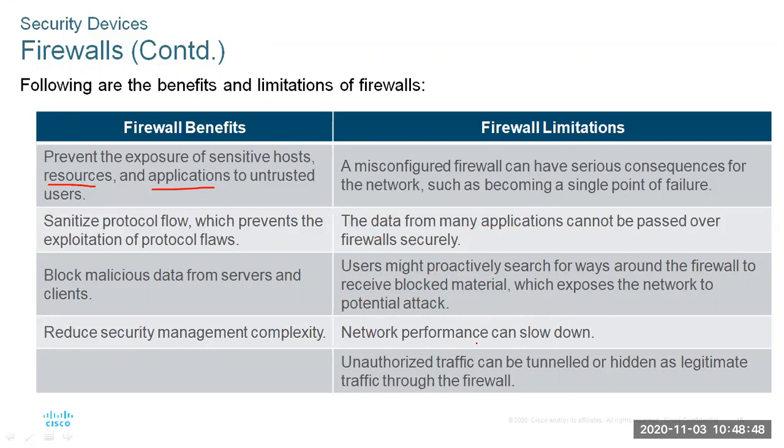Network performance can be slowed down; without a firewall you can move about freely, but with a firewall your network slows down a little. Unauthorized traffic can also be tunneled or hidden as legitimate traffic through the firewall.